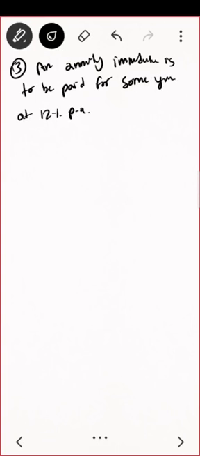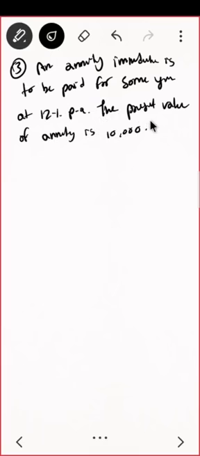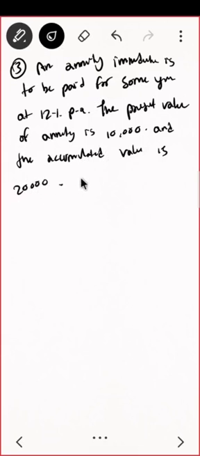The present value of the annuity is 10,000 rupees and the accumulated value is 20,000. Find the amount of each annuity payment.